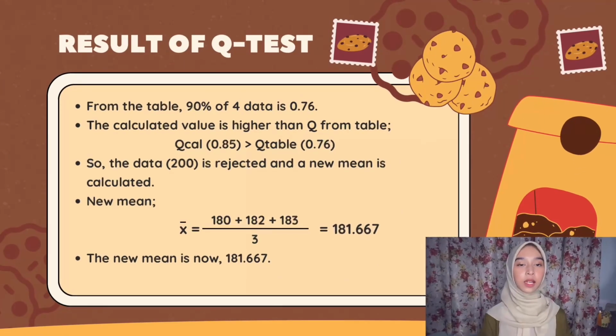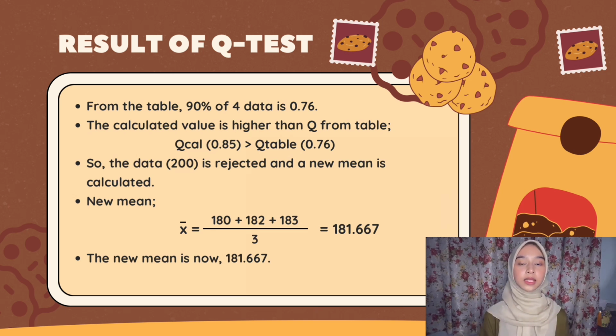From the table, 90% of 4 data is 0.76. The calculated Q, 0.85, is higher than Q table, which is 0.76. So, the data which is 200 is rejected and a new mean is calculated.